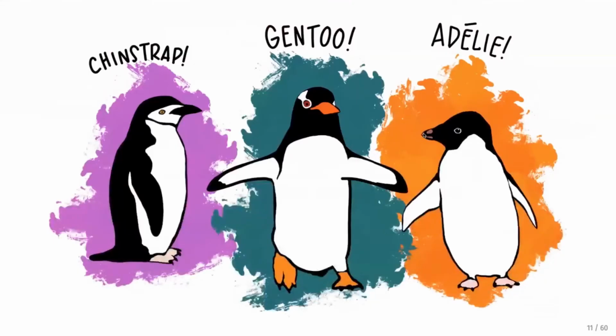Okay, so what we're going to do is have some fun making some graphs. But before we start doing the your turns, I need to quickly introduce this fun data set we're going to use. It was just released a month or so ago by some scientists who study penguins. This is a data set about 3 different species of penguins: the chinstrap penguin, the Gentoo penguin, and the Adelie penguin.